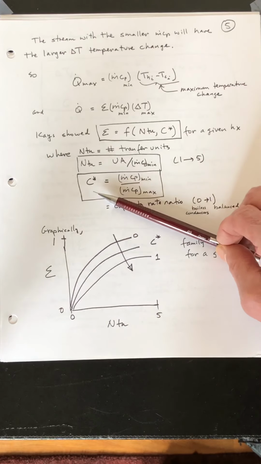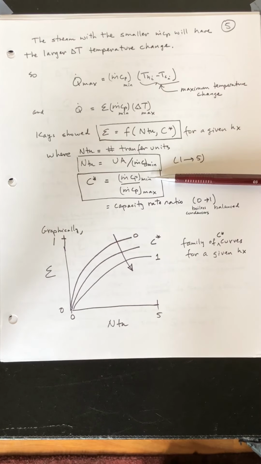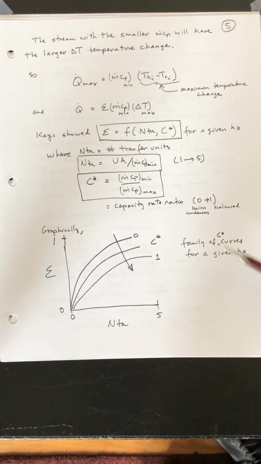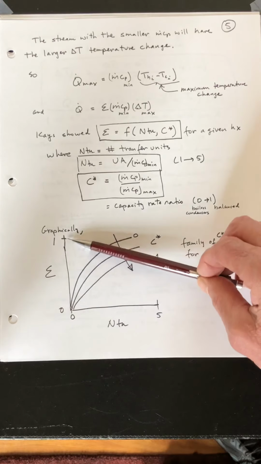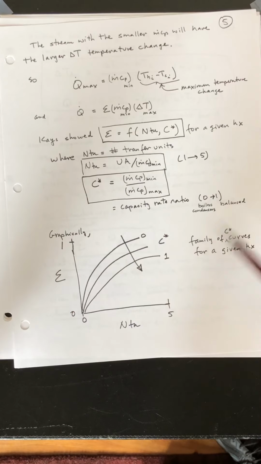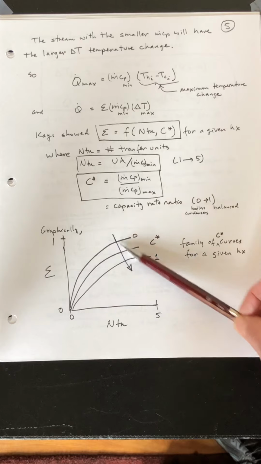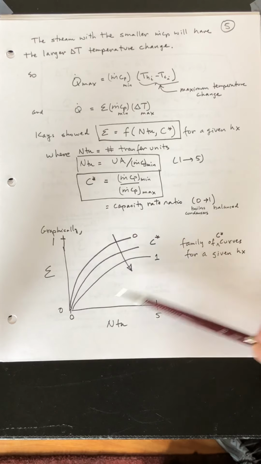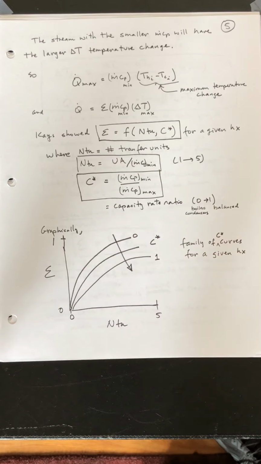And the heat capacity ratio is just the ratio of the minimum to the maximum value of the flow rate times specific heat. And that typically will be numbers between 0 and 1. And the NTUs will be typically between 1 and 5. And when you look at it graphically, when you plot effectiveness versus NTU with the parameter of the heat capacity ratio, the curves look like rising exponentials.